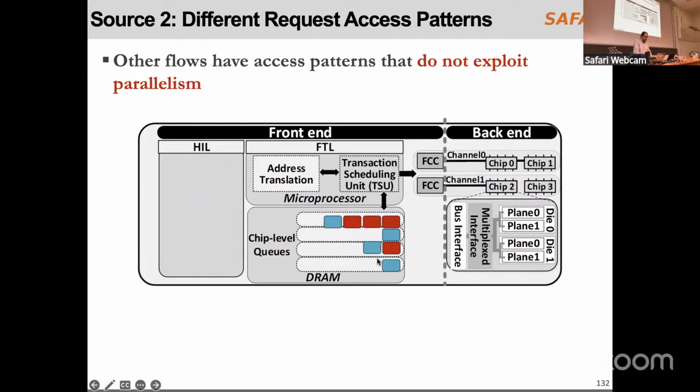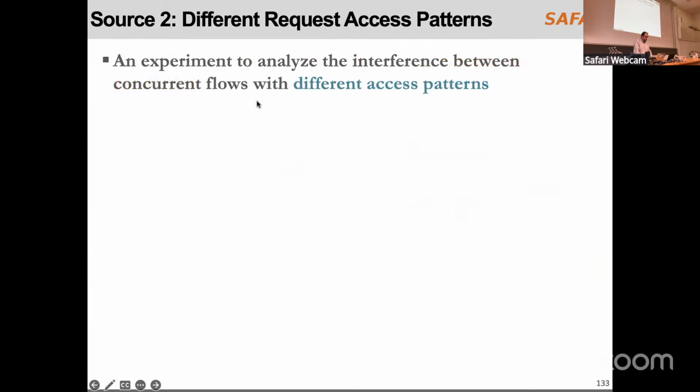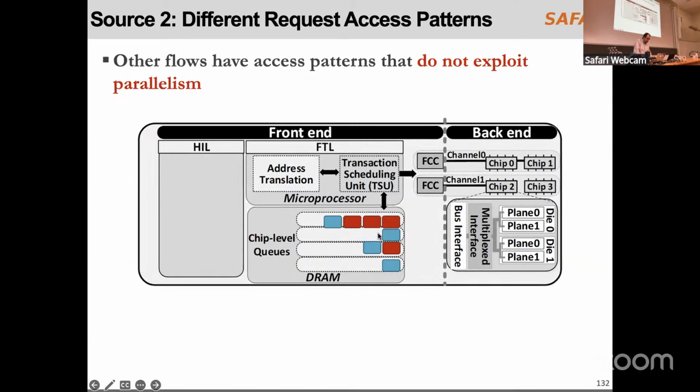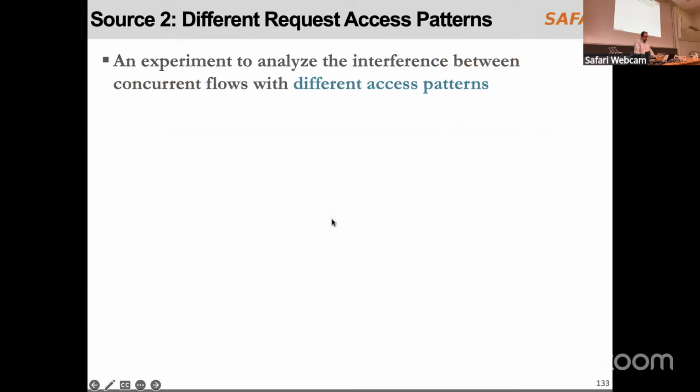That application with very good parallelism cannot benefit from this parallelism. This blue application would experience more slowdown, because the red application was slowed down, since a lot of requests are going to the same queue. The blue application could get very good performance from the parallelism, but now it needs to wait for the red application to be done. That can be another source of problems.